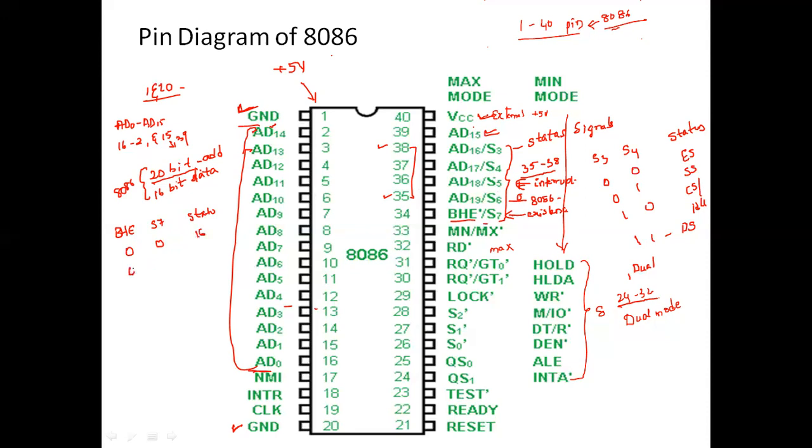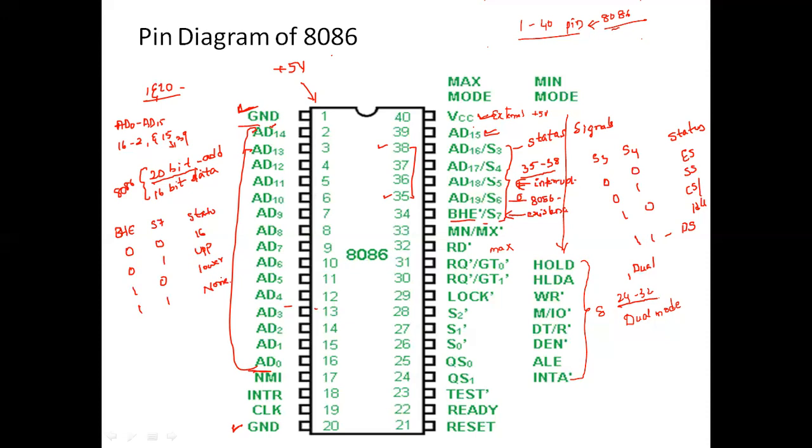If it is 0 and 1, only the upper byte will be accessed. If it is 1 and 0, only the lower byte will be accessed. If it is 1 and 1, no operation is going to be done. So this is how we have the BHE by S7 pin.